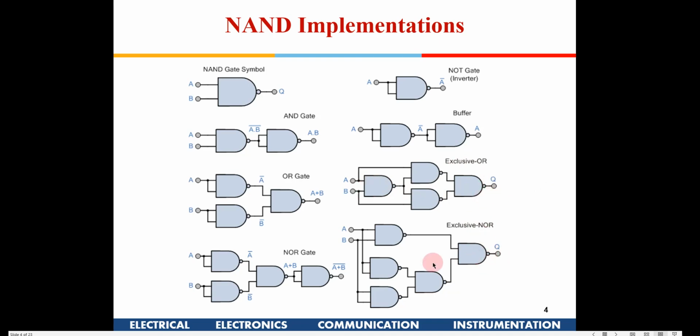Exclusive NOR, for 0 0 and 1 1 you get 1, and for 0 1 and 1 0 you get 0. You can verify how these gates function by giving some inputs and trying to visualize the outputs available. So you will find all these different kinds of functions can be implemented using NAND gates.